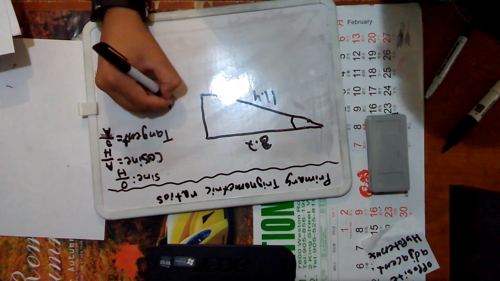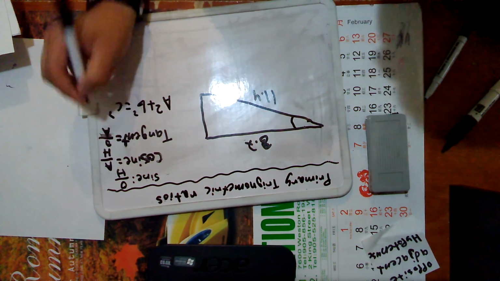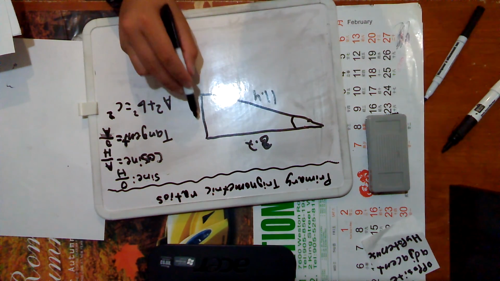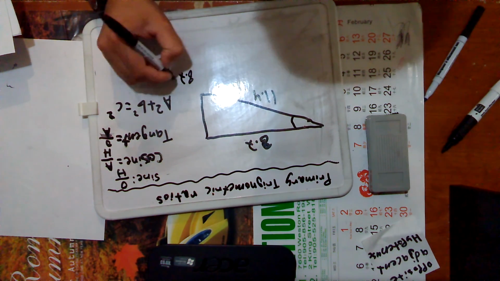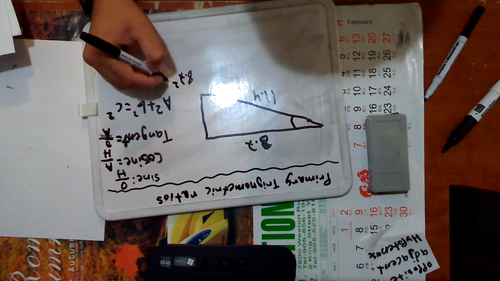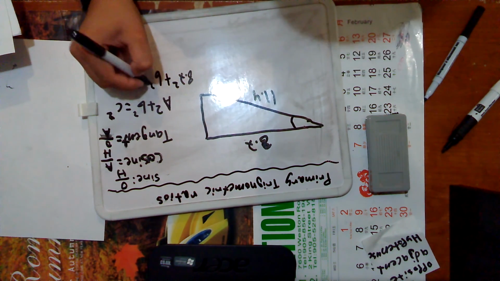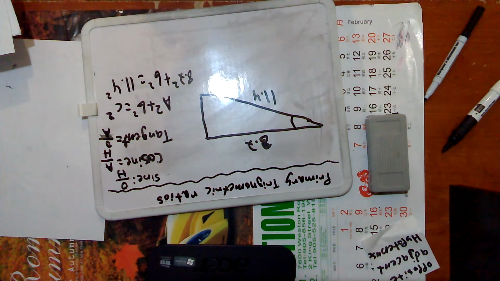Let's write it here: a squared plus b squared equals c squared. Since we don't have, let's say, b, we're going to have 8.7 squared plus b squared equals 11.4 squared.